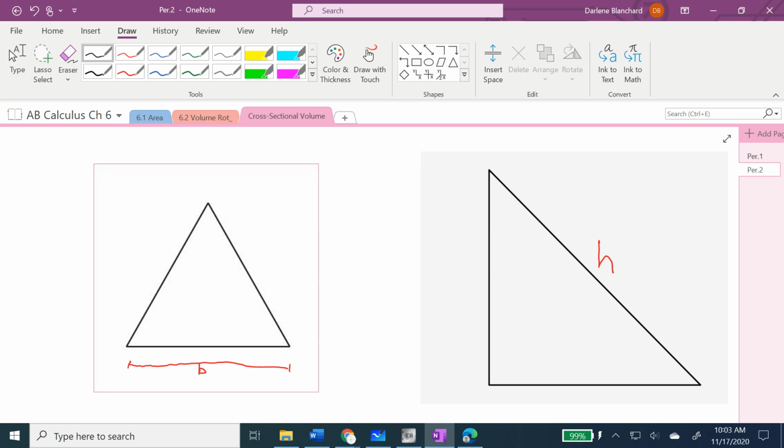In this equilateral triangle, I am going to draw the altitude. Okay, that wasn't quite perpendicular. I should try again. That was sad. Very sad. Better. Okay.